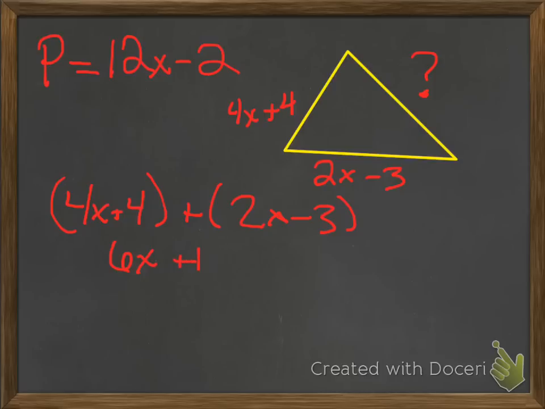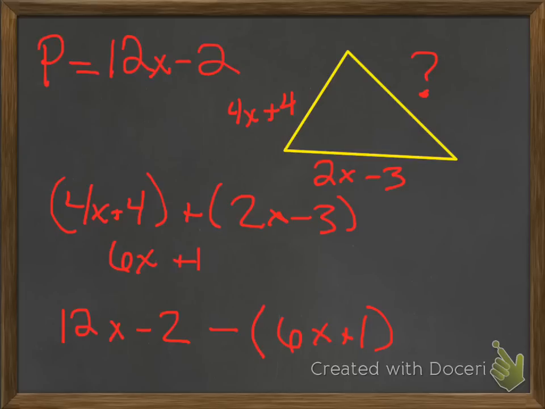We know that if we add that third side, we should get 12x minus 2. So 12x minus 2, and if we subtract those other two sides, that's going to give us our answer. Now we can actually simplify this one more.